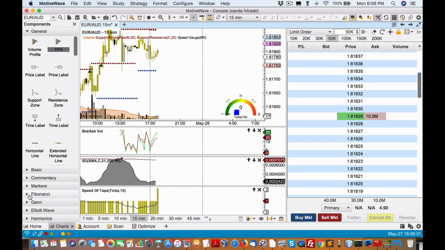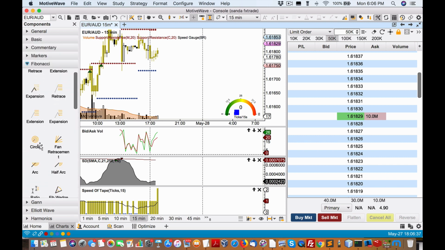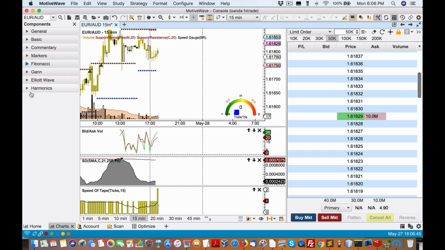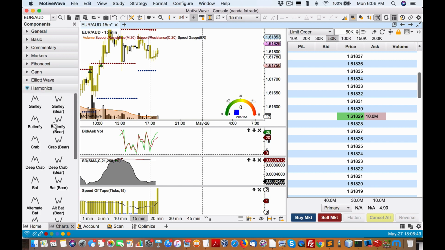But if I want to get all fancy on the price, I don't think it has candles, but Fibonacci, oh no. We could play around with the Fibonacci, which I will in a minute, but we have here the harmonics.